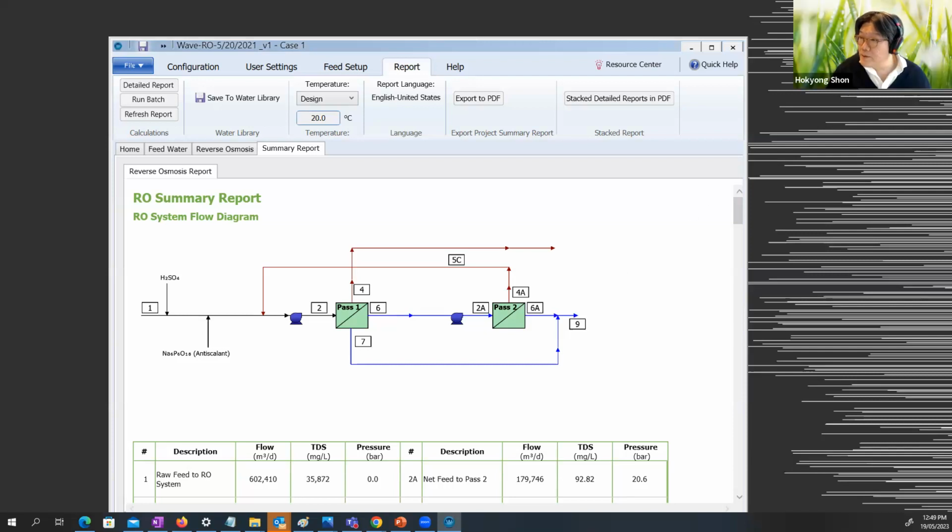Also, I will send you this file which I tested, and then you can start from here and compare the overall flow rate, overall recovery, overall pressure vessel numbers. Otherwise, you can design very simple, like 1,000 cubic meter per day or 10,000 cubic meter per day, and calculate based on the 10 steps we tried together.